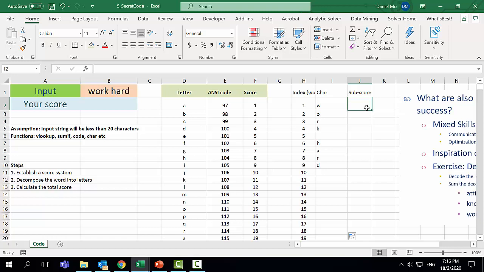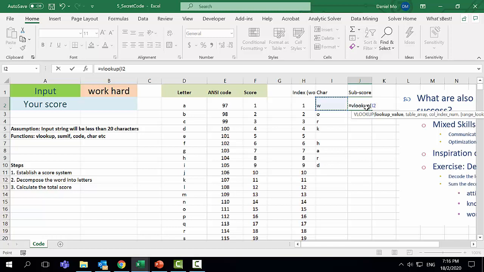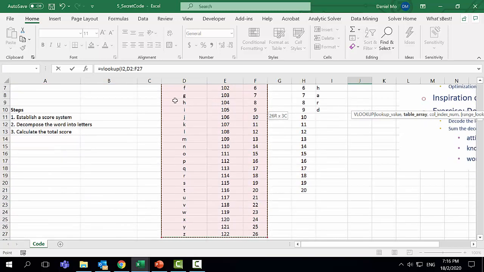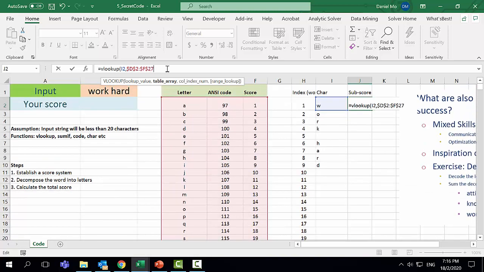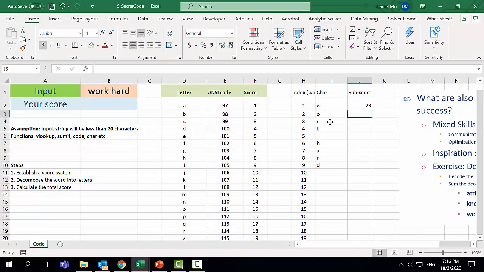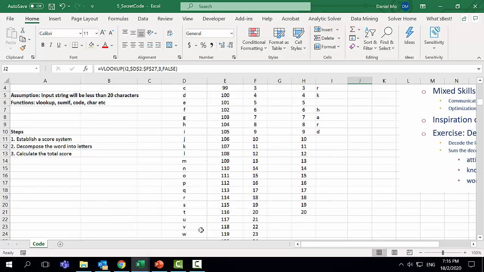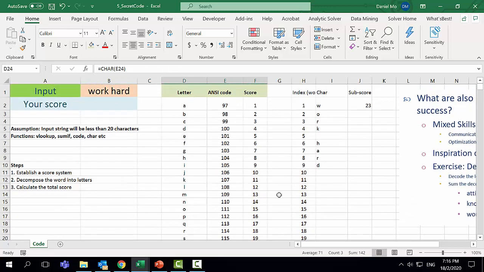VLOOKUP, and this is the lookup value we want to look for, and this is the corresponding matrix, or in computer language, the array. The column index is number 2. Okay, then let's try FALSE. Then it will give us 23, because W here is equal to 23.